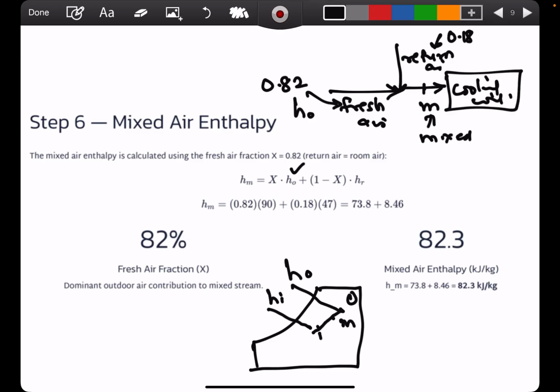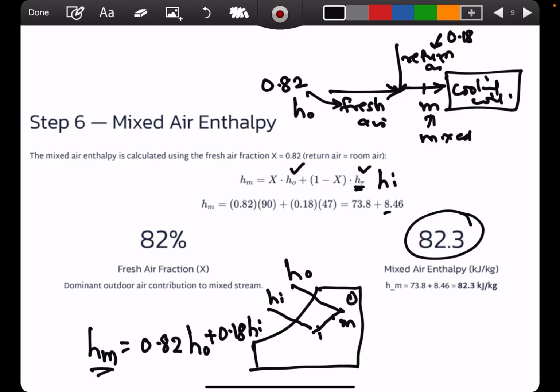So how to find this M? By energy balance. So HM is equal to 0.82 of outside air and 0.18 of return air. I use HI here, but you can also use HR, room air. Okay, so if you do this calculation, you get an enthalpy of 73 plus 8.46, which is 82.3 enthalpy.